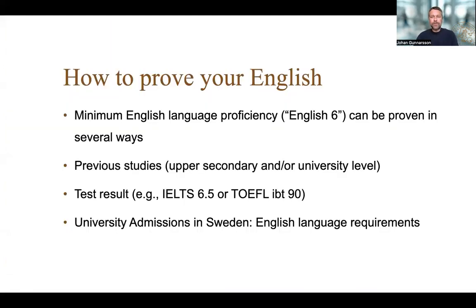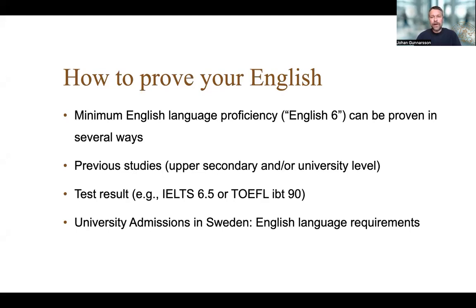Now, the English language proficiency thing is something that I want to discuss a little bit, because many people are confused by this. Sometimes you will see you need English 6 to be eligible for university studies in Sweden, and you wonder, what is English 6 exactly, and how can I prove it? Well, there are a few different ways.